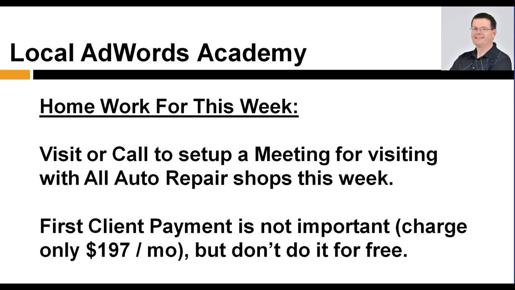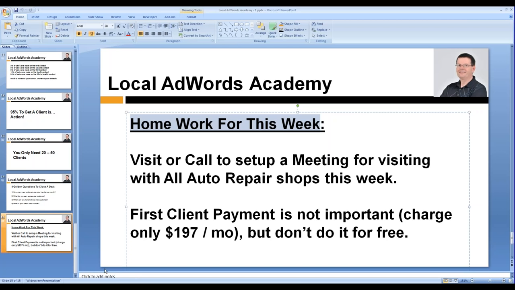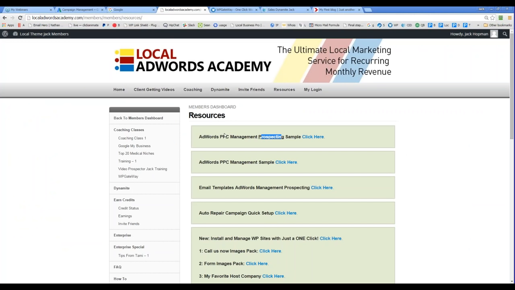What is the client contract? Oh, where is the client contract? Yeah, that's a good question. I wanted to go over that. In the membership side, in the resources, there are 2 sections of documents: AdWords PPC Management Prospecting and AdWords PPC Management. They are about the same.